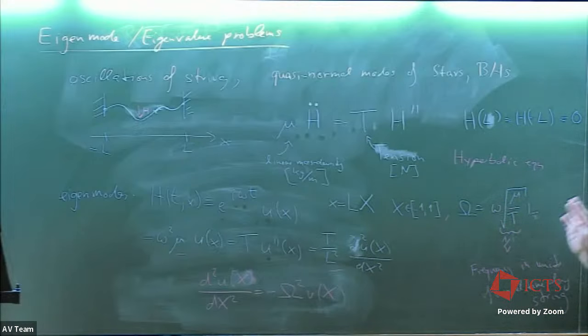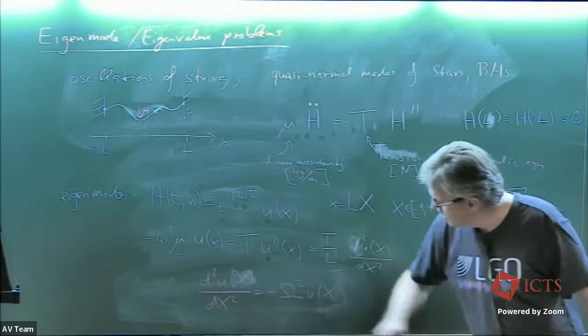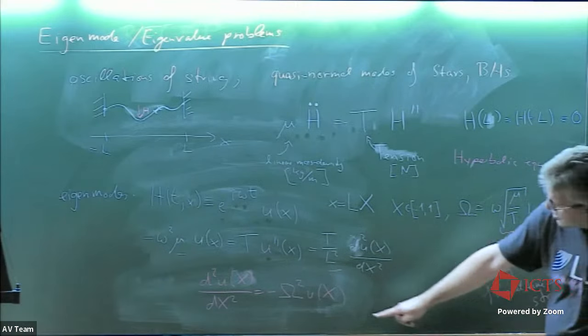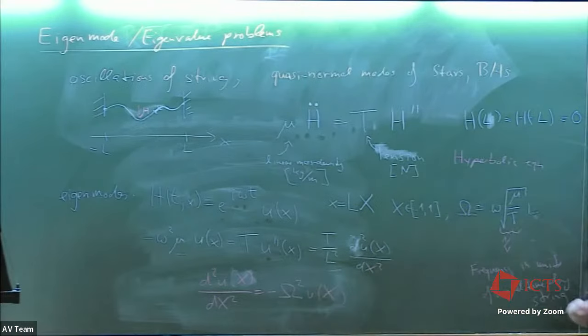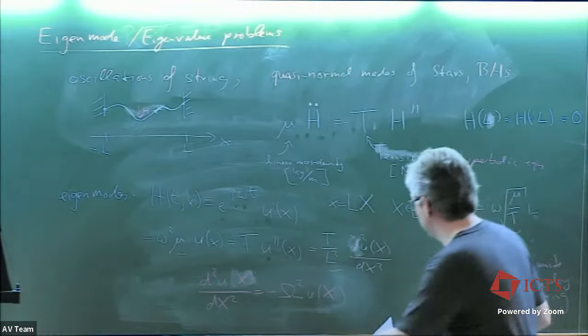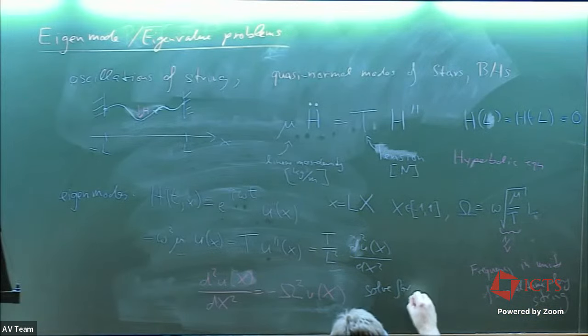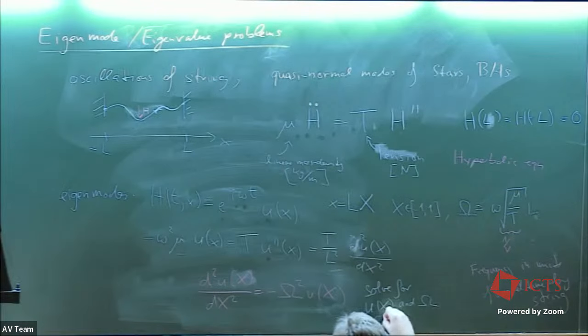And that's why this is called an eigenvalue problem. We want to find a certain function, but it will solve the equation here only for certain values of omega, of the eigenvalue. So we solve for u of x and omega simultaneously.